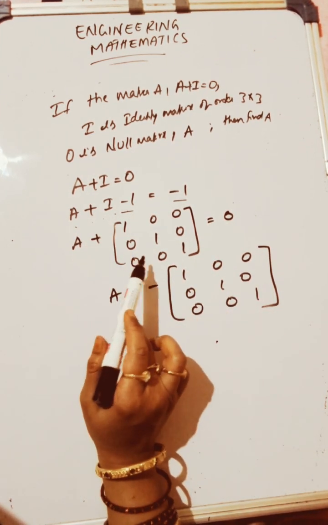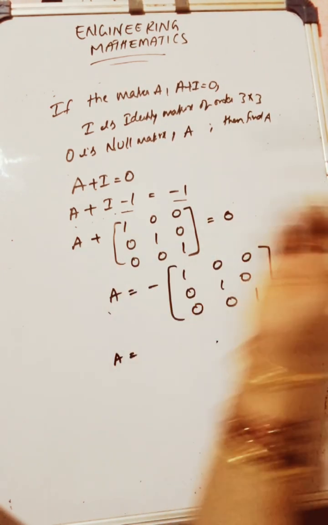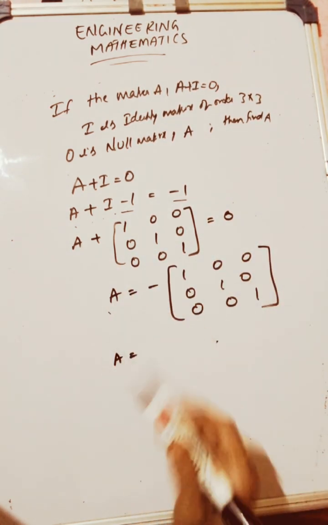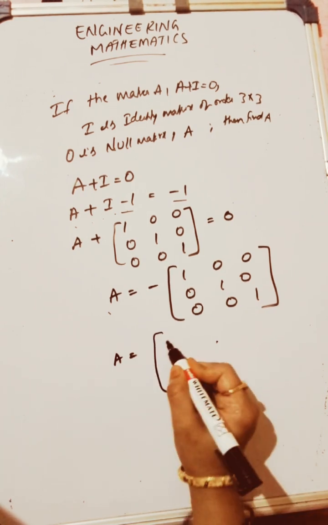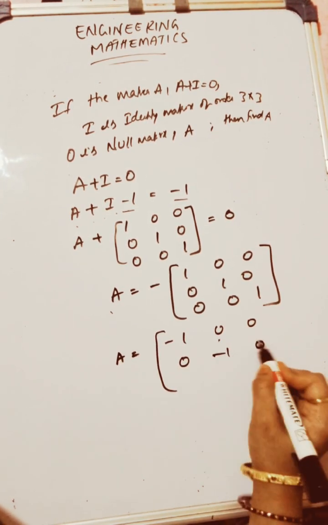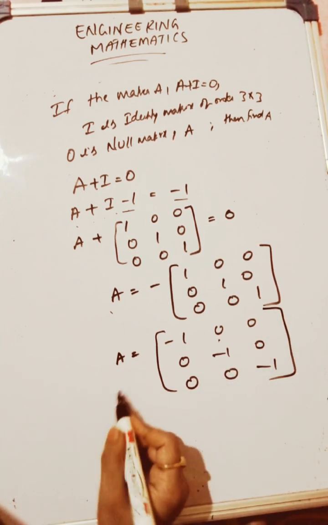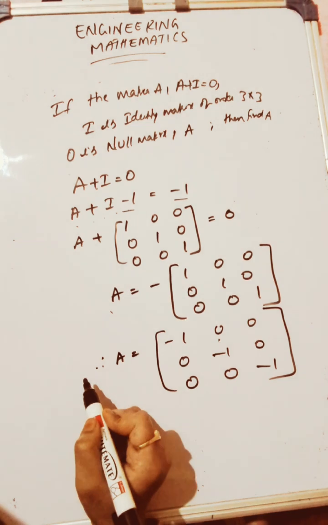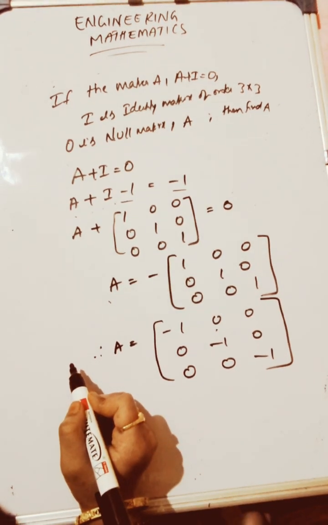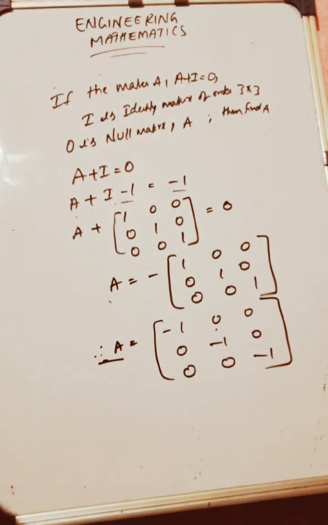We know the identity matrix, so we write A is equal to, if this matrix moves to that side, it becomes minus. Minus 1 0 0, 0 minus 1 0, 0 0 minus 1. Therefore, this is the corresponding matrix A. Then find A means we will find A.